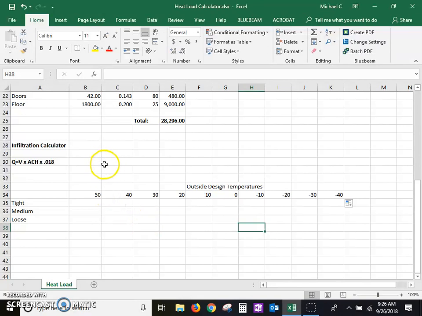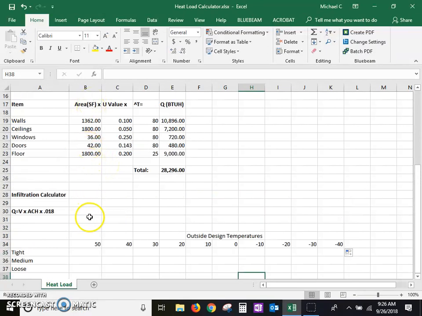And then you go up here, and we're going to build our formula in. We'll keep the same kind of format.